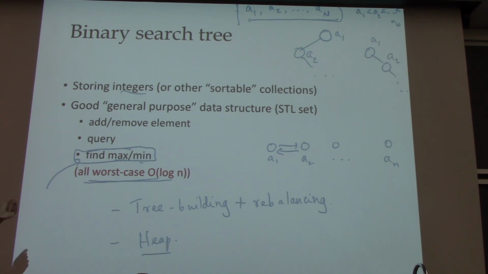Yeah. And you could also ask yourself, suppose I want to find the kth smallest element. Can I do it using a binary search tree? So, does anyone know how to do this? It builds off what you were suggesting some time ago. Yeah. So that's the hint. So you want to find the kth smallest element. I give you k.